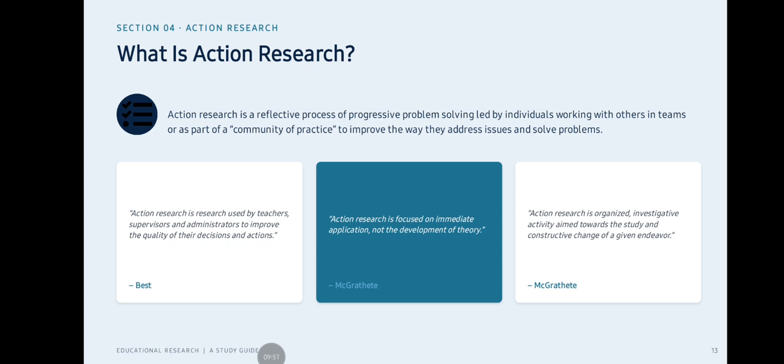Action research is research used by teachers, supervisors, and administrators to improve the quality of their decisions and actions. It is focused on immediate application, not the development of theory. Action research is organized investigative activity aimed towards the study and a constructive change of a given endeavor.